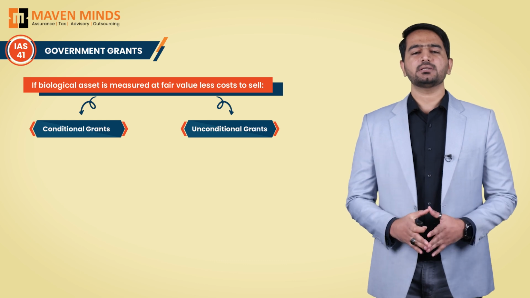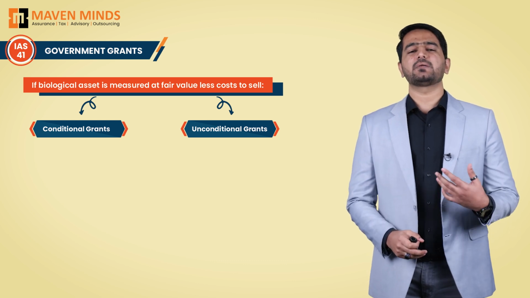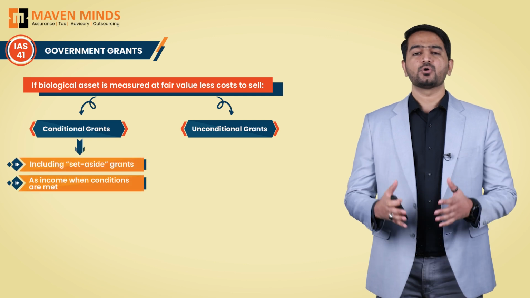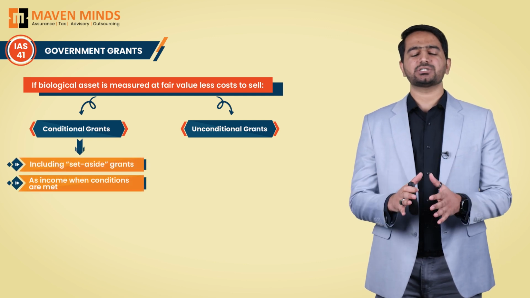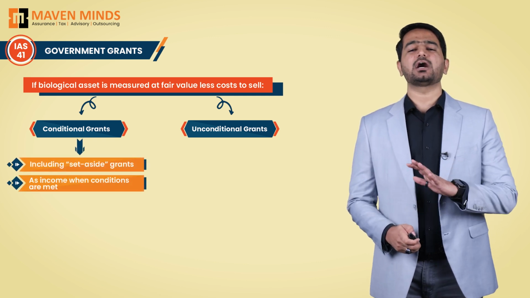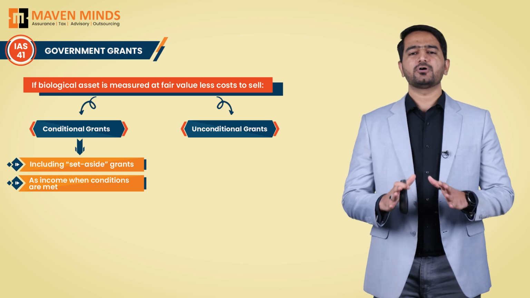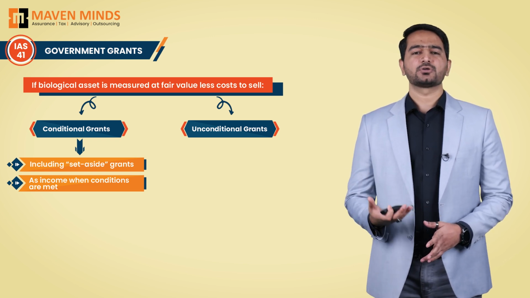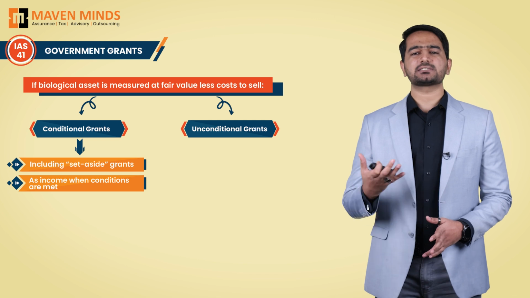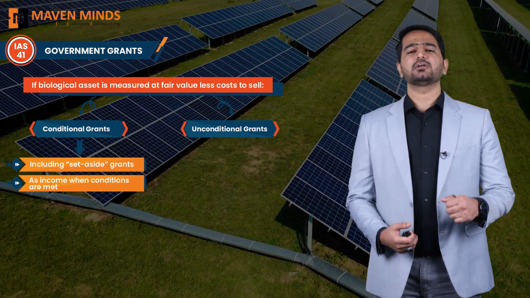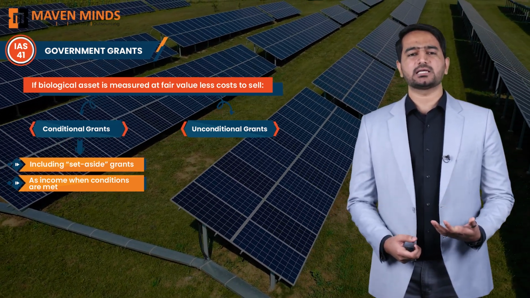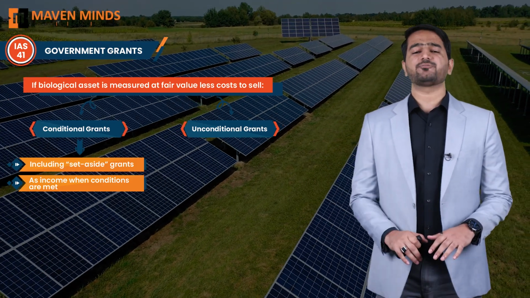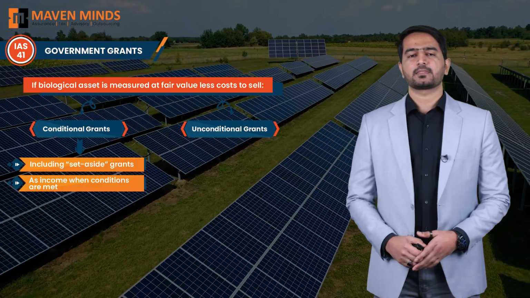Under IAS 41, conditional grants are recognized as income in the profit and loss statement only when the conditions attached to the grant are fulfilled. For instance, if the government grants $1 million to install solar panels on a farm, the grant will only be recognized as income after the solar panels are installed and verified, not before.